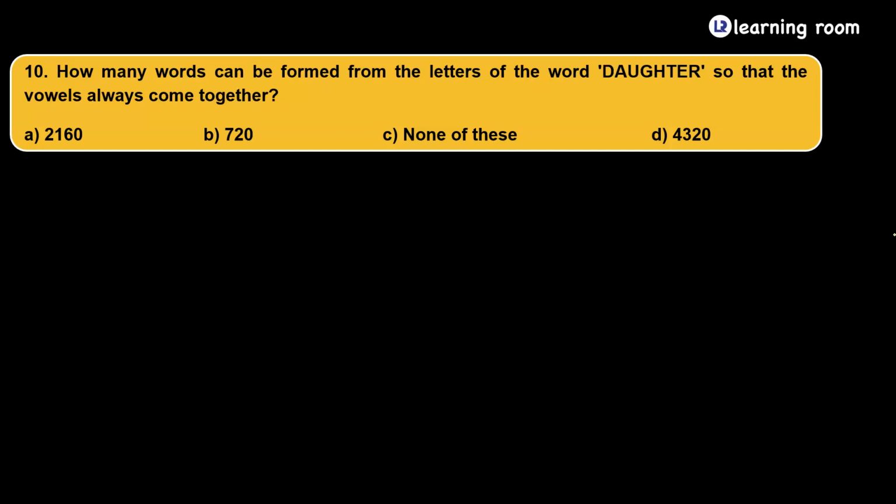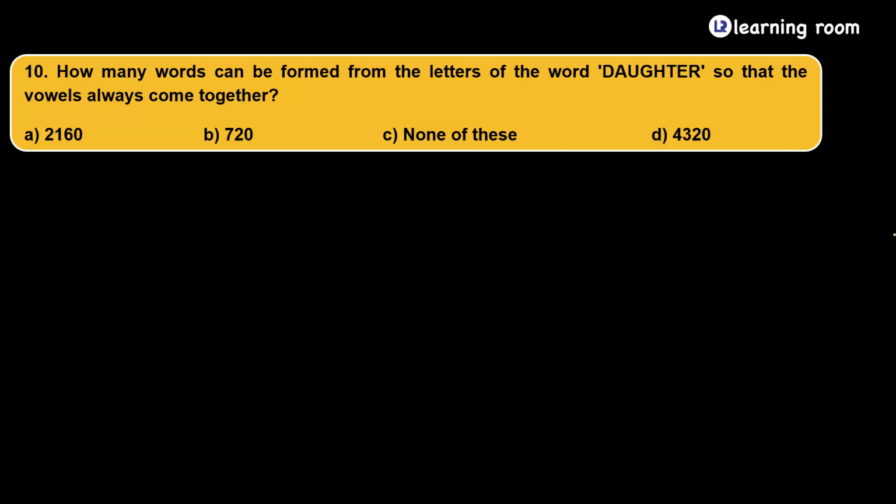Sorry, I didn't get you. I think they asked all the consonants and vowels to be together, right? So here it is only the vowels that are supposed to be together. But since you know the logic, write it, solve it. So if all the vowels are tied together, treat them as one object. How many consonants are left out? 5, no?